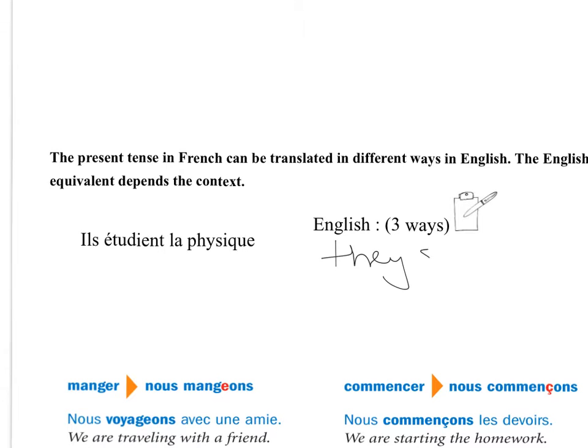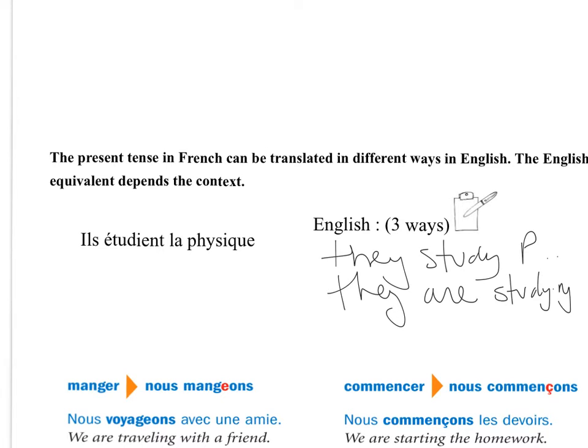Or you can also say they are studying physics. Or you can say they do study physics.